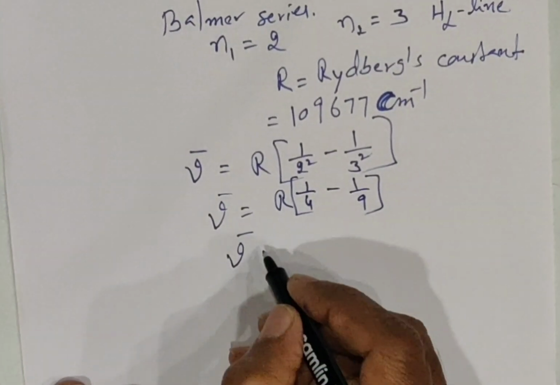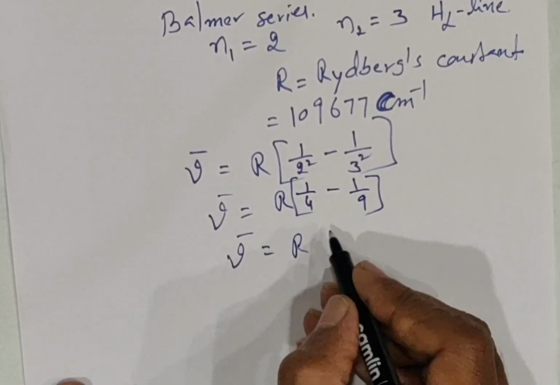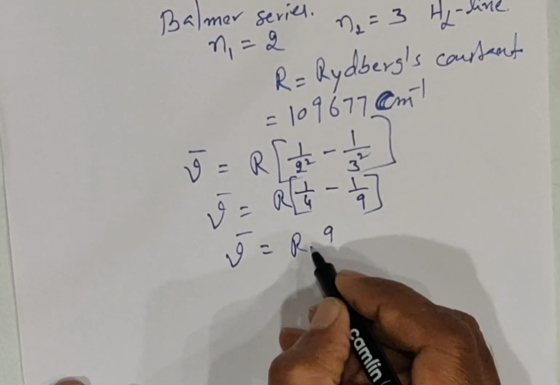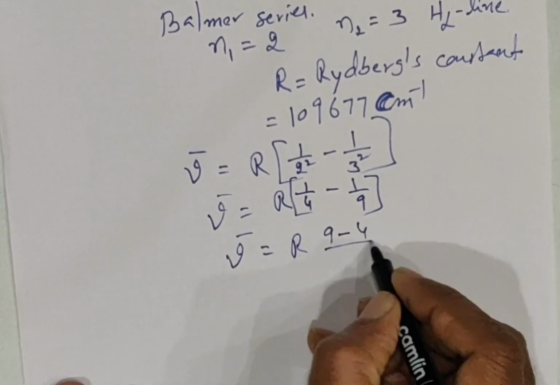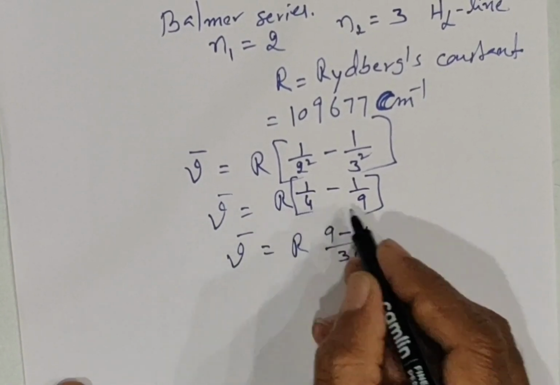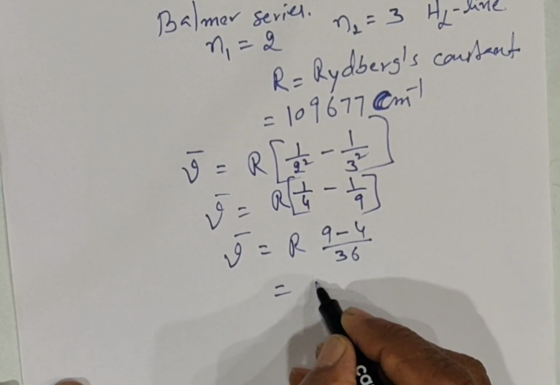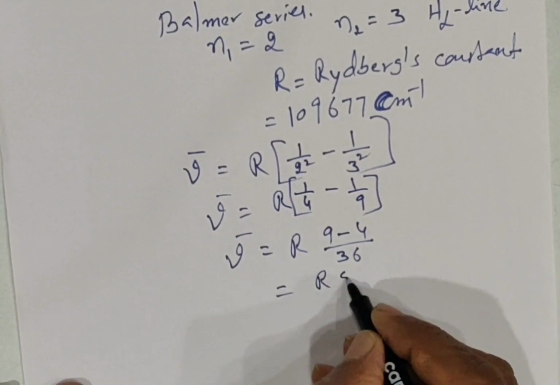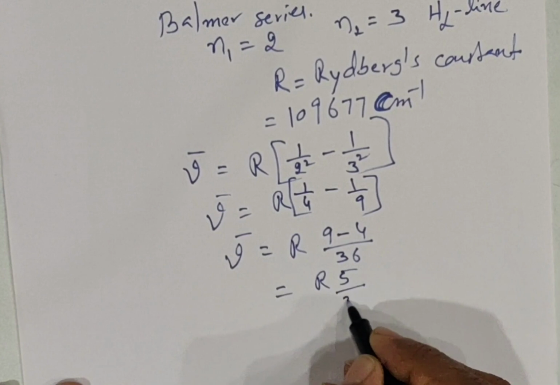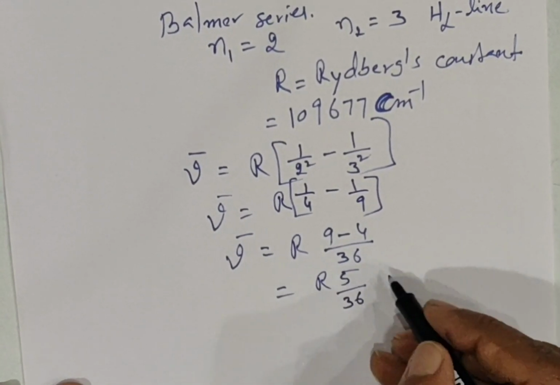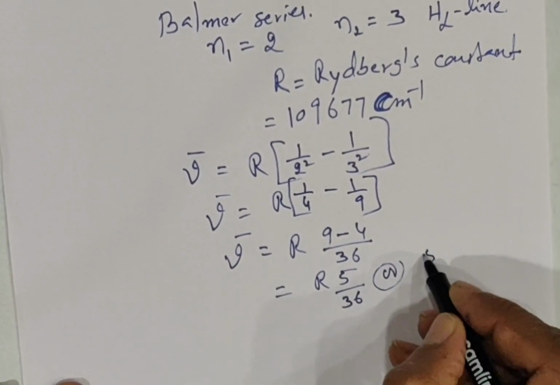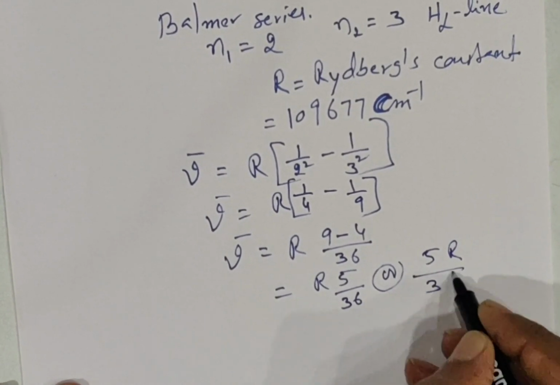Then nu bar is equal to R into (9 minus 4) by 36. 4 9s are 36. Then we will get R into 5, that is 5R by 36.